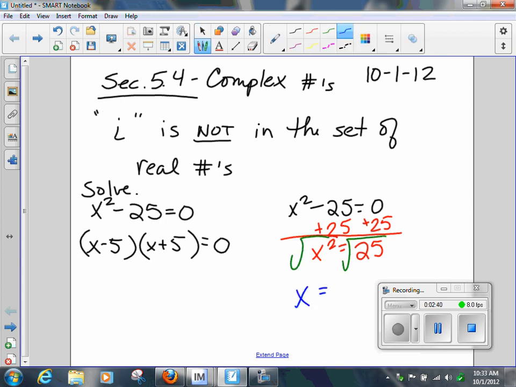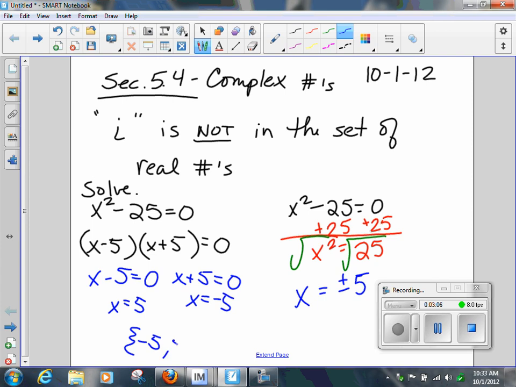And you have to remember, when you take the square root of a number, it actually gives you two answers, plus or minus 5. So this is a different way to solve, but we get the same values, the solution set of -5 and 5. x is equal to positive and negative 5. It's the same equation solved two different ways.